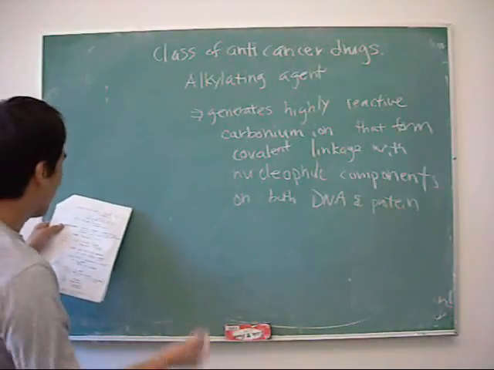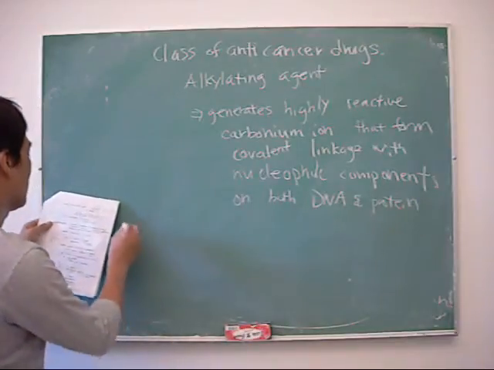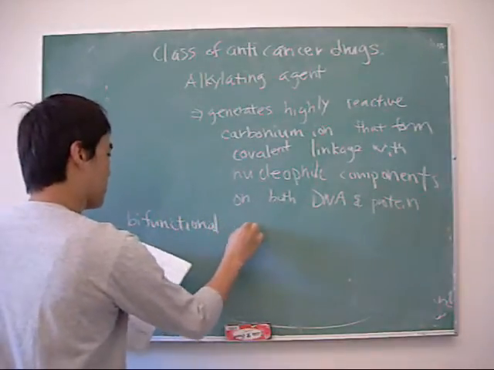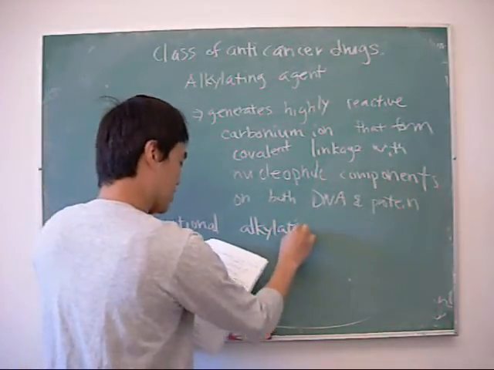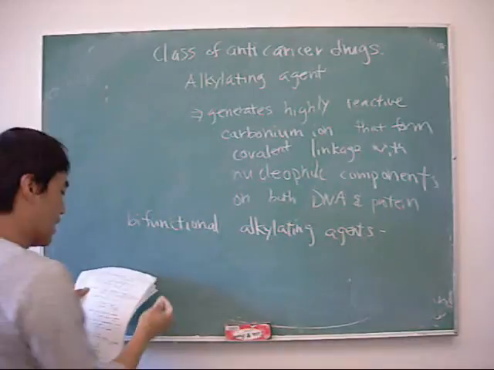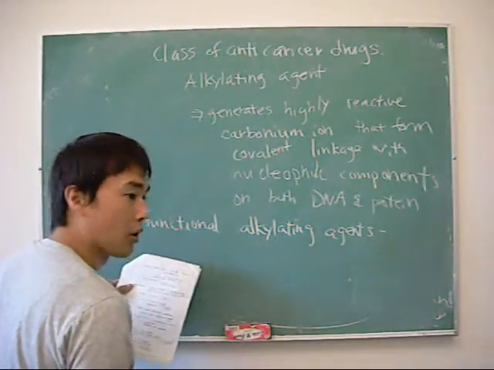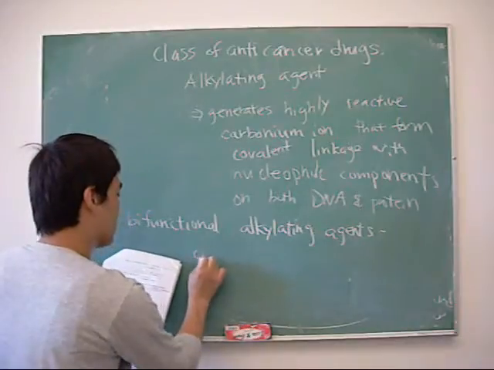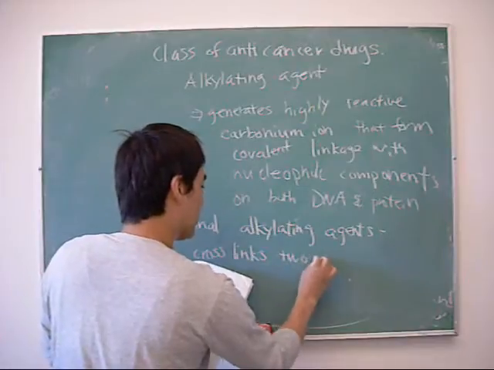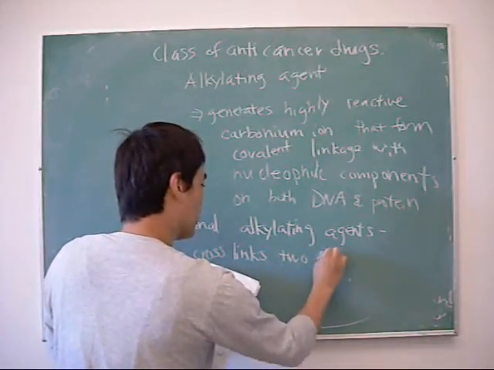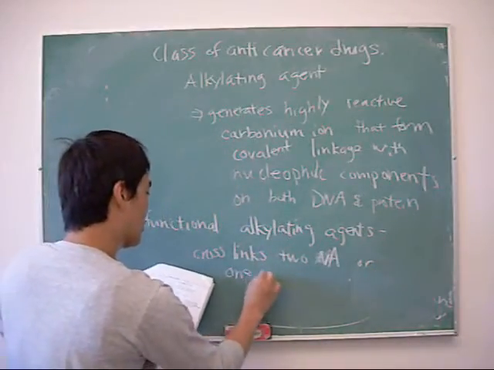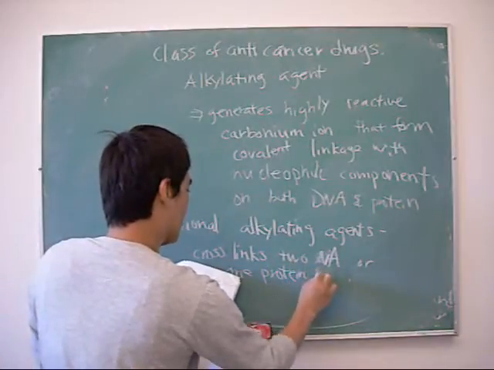Now another class would be the bifunctional alkylating agent, and basically that cross-links two nucleic acids, or one pair of nucleic acids, or one protein and a nucleic acid.